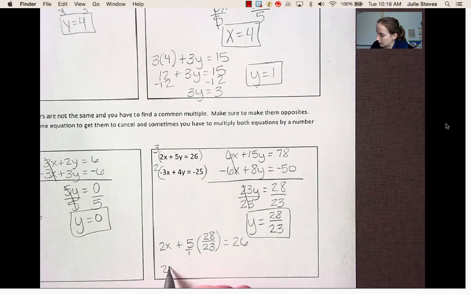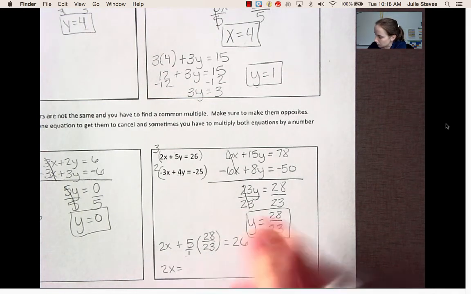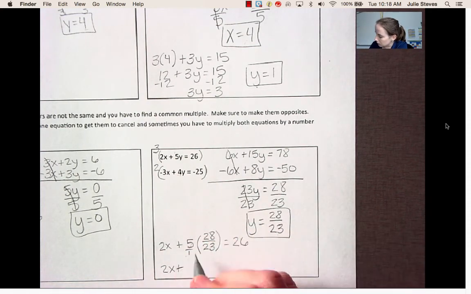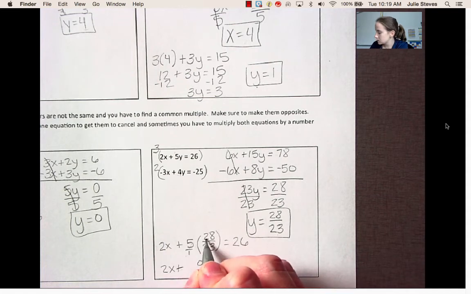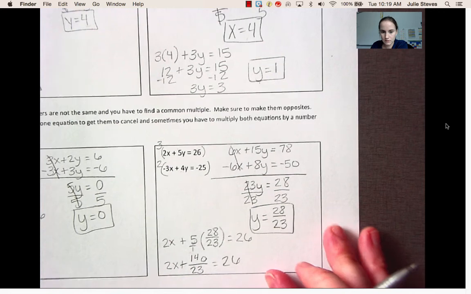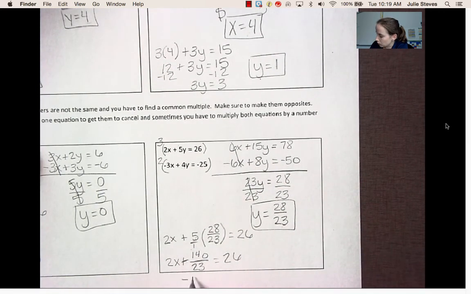So we'll have 2x plus 140 over 23 equals 26. Subtract 140 over 23 from both sides.